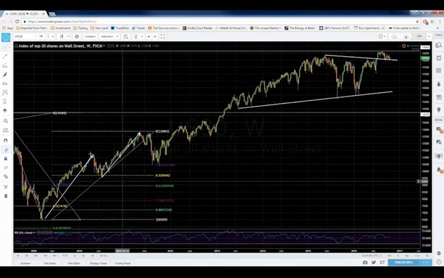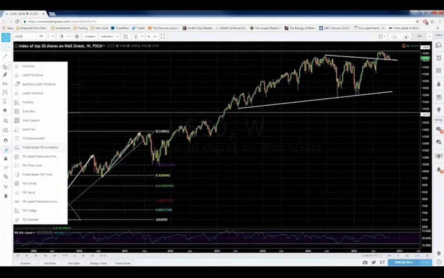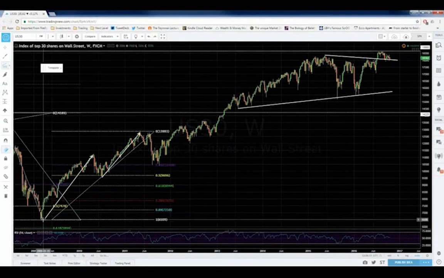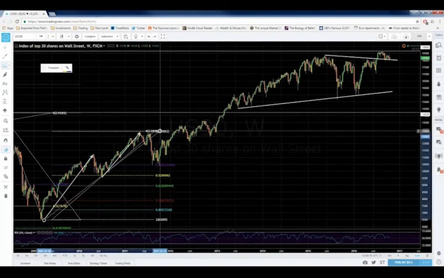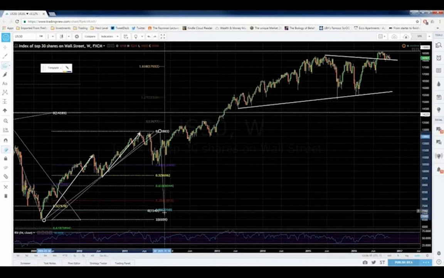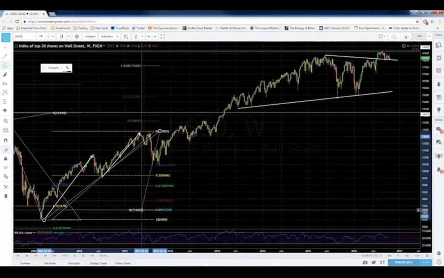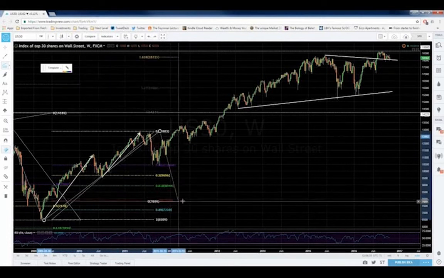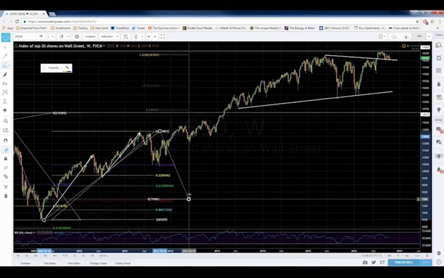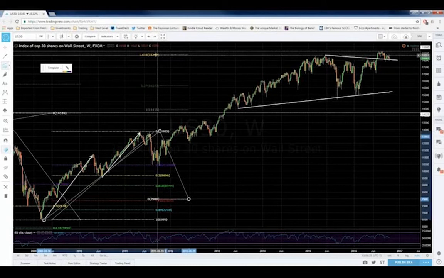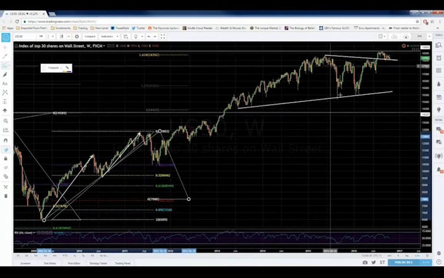Now the other thing we want to do is extend and project, now that we have that first wave. Where is wave 2? Well, we pushed well through the 1618. If we go back and see this low here and pull it back to that low and use it as a stepping stone, you can see we came right to what we would call an alternative 2 right here at the 1618. So now we have 1, 2, a pullback.